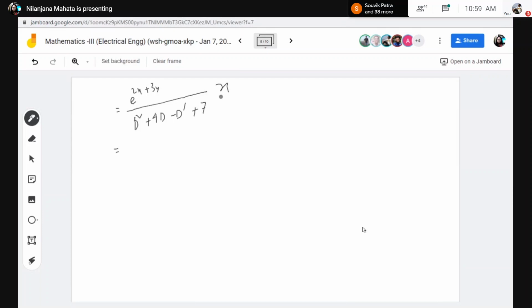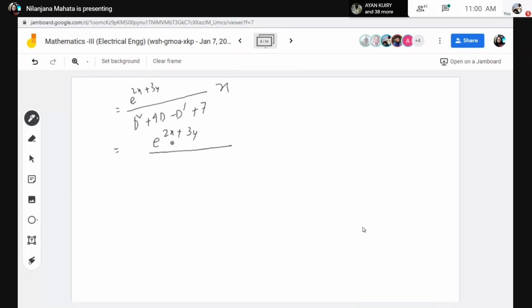Since it is in terms of x, I have to make it a series. Suppose I am dividing by 1, I can divide by any of D or D'.